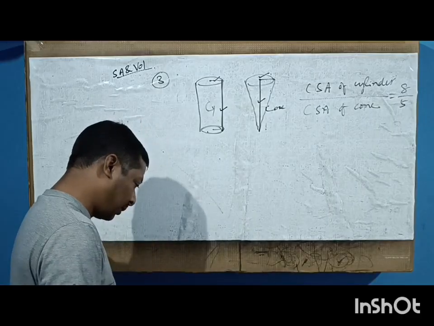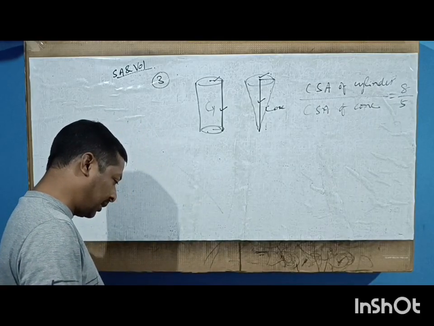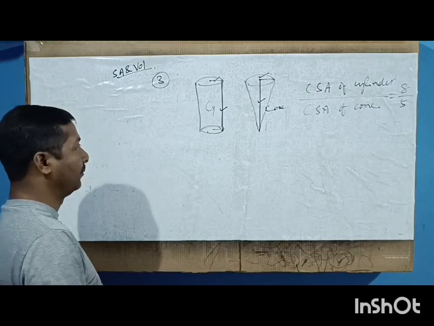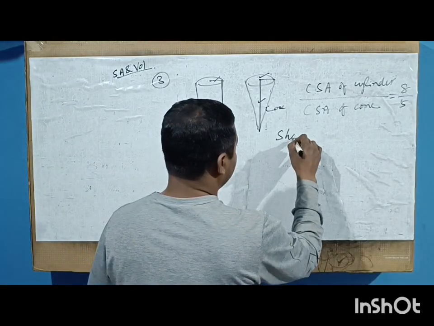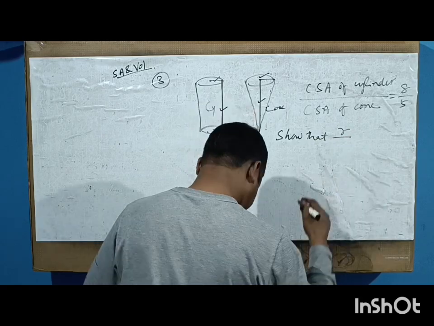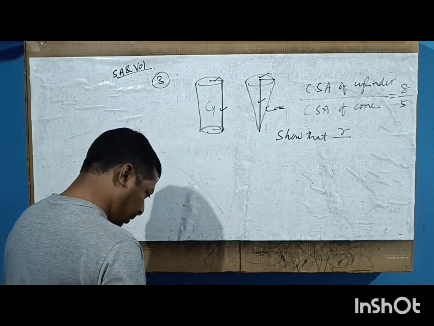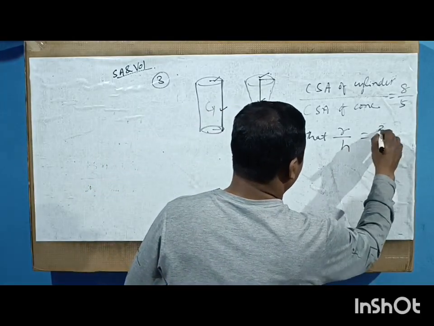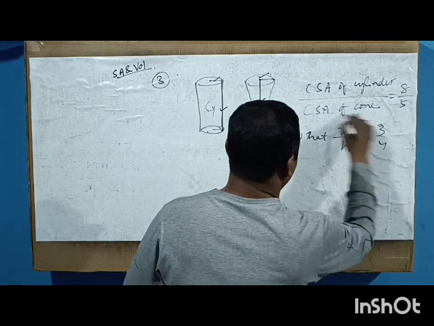Then prove that the ratio between the radius of their bases to their height is 3:4. We have to prove this one.